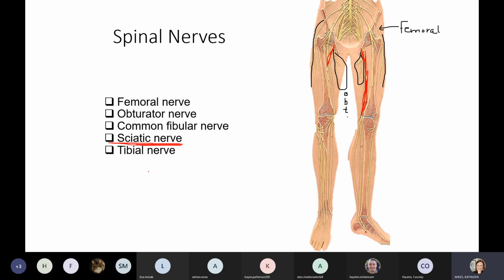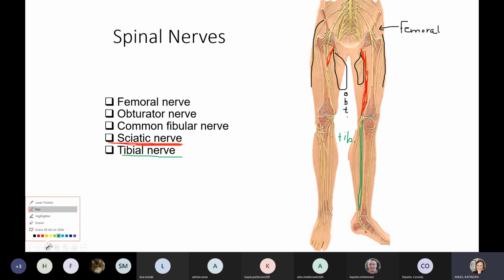So the sciatic nerve, the biggest nerve that comes out of the sacral plexus, splits in half. Half of it goes back behind the tibia. So this part that I'm seeing here back behind, that's the tibial nerve. Tibial nerve goes back behind.